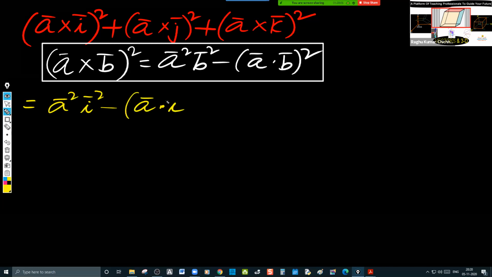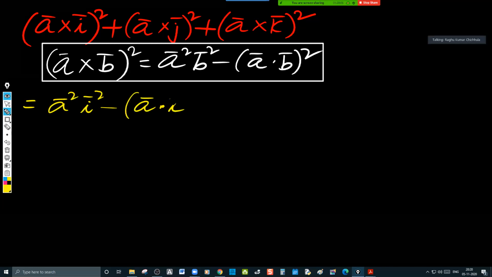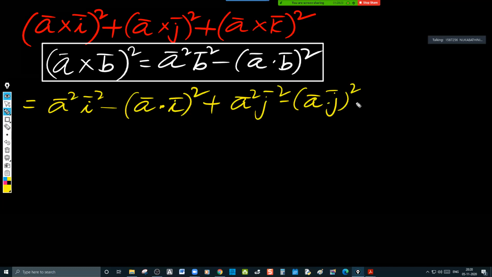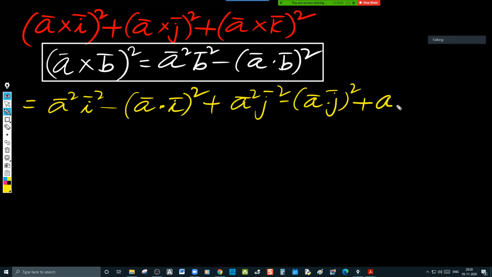A bar dot I bar whole square plus A bar square, J bar square minus A bar dot J bar whole square plus A bar square, K bar square minus A bar dot K bar whole square.